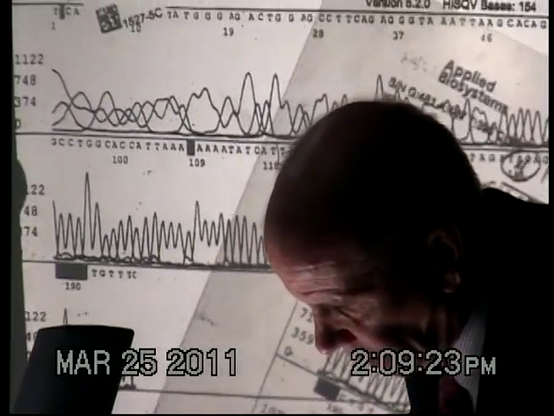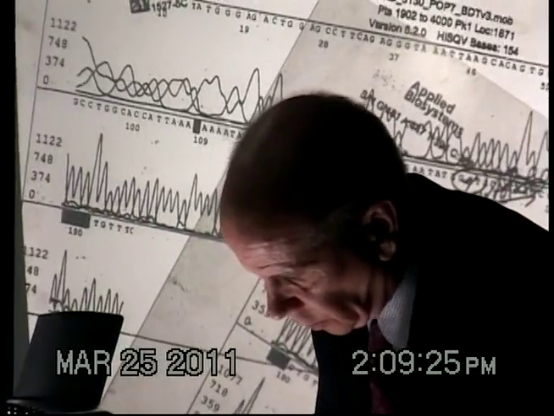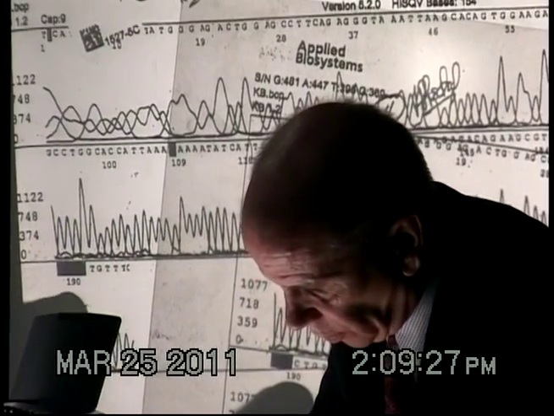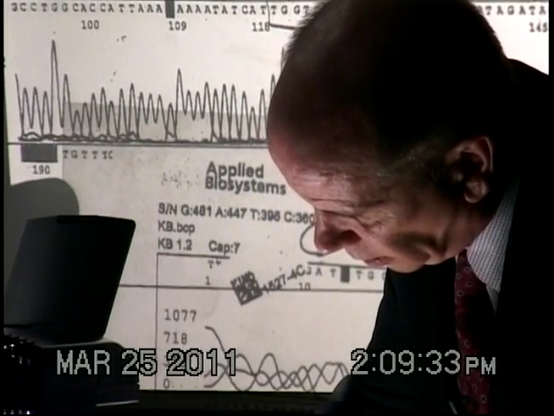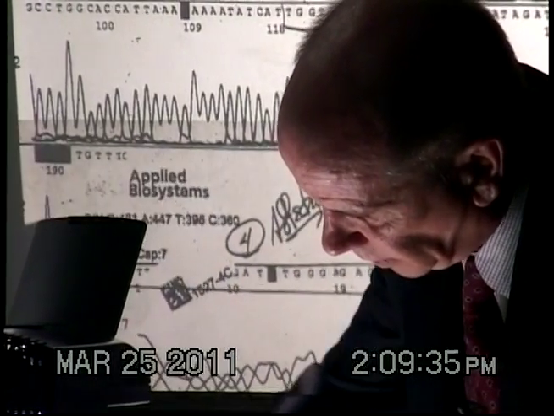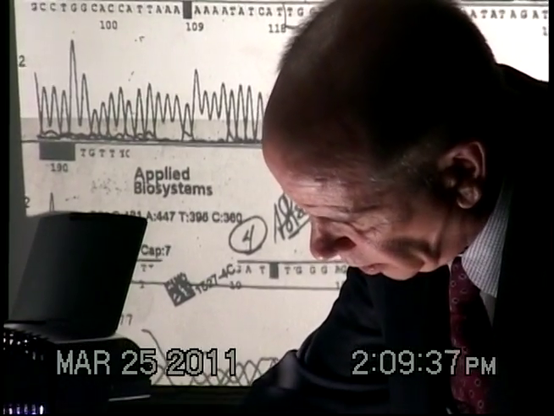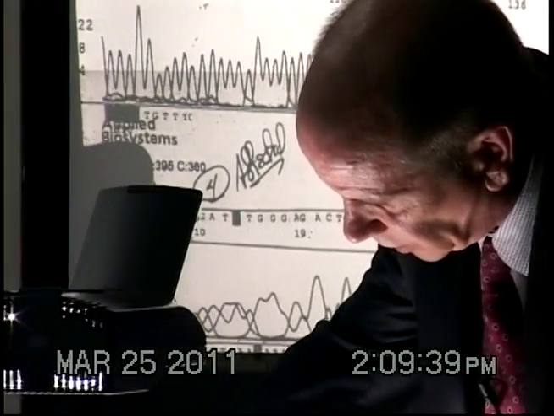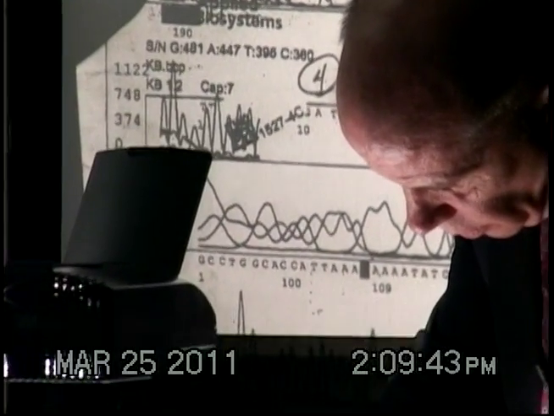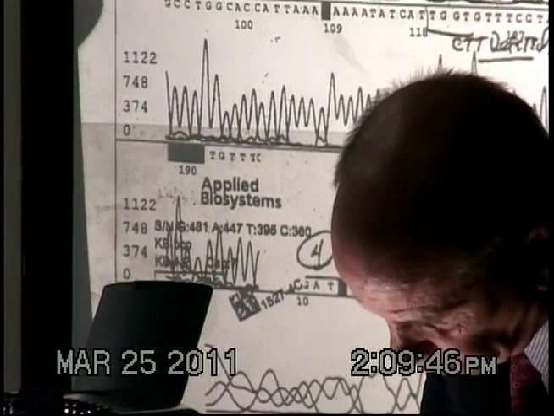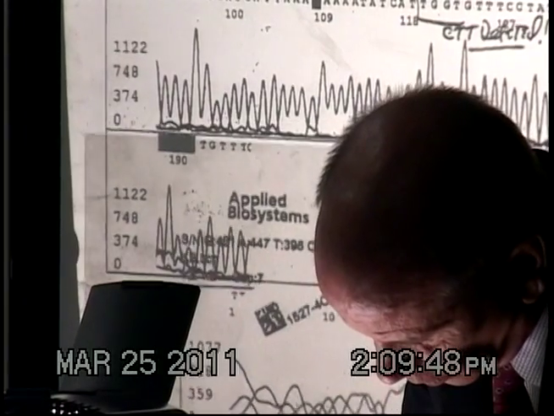I don't understand why the tracings look so identical, but for example, the letters are different down here, and they're different here. Where? Well, that G is boxed out in one and not the other, and that's why I wanted to look at the color ones.